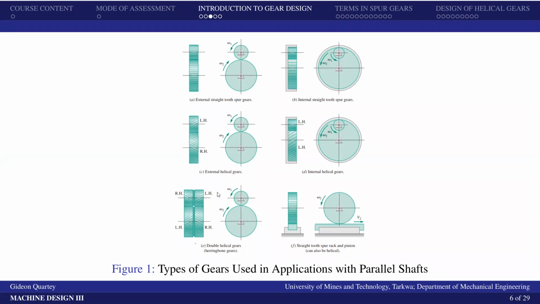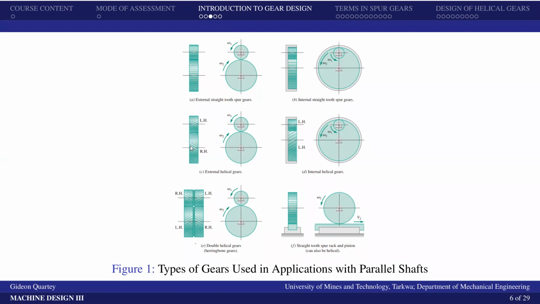The essence of this arrangement is that it helps to stabilize the system, to somehow cancel out axial forces. When we come to the design of helical gears, we'll get to know more about this.